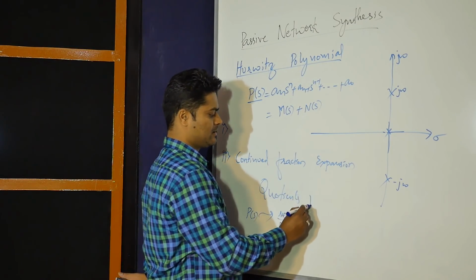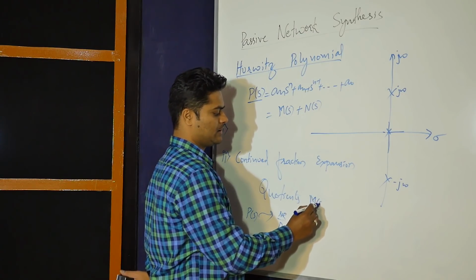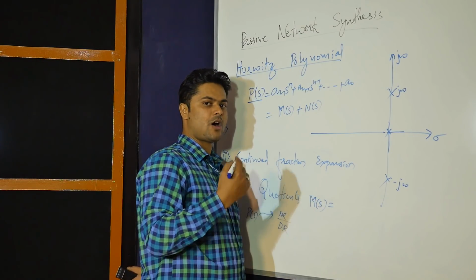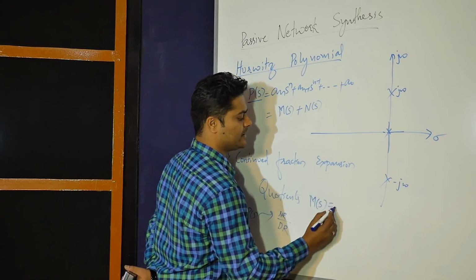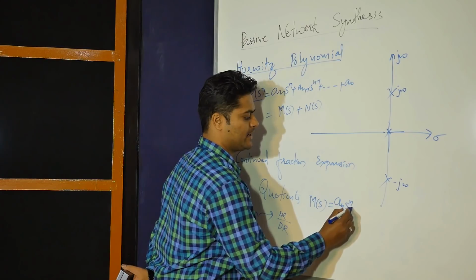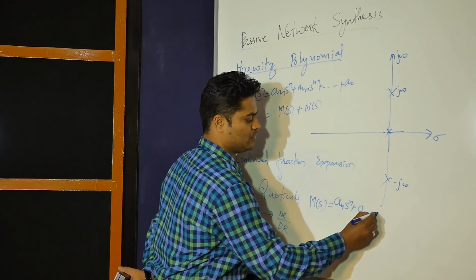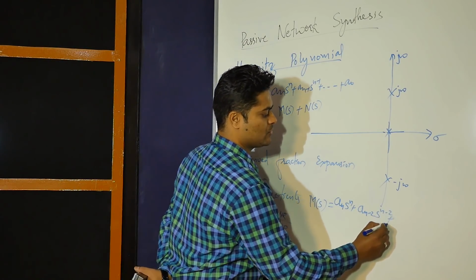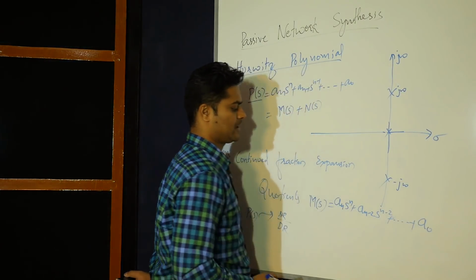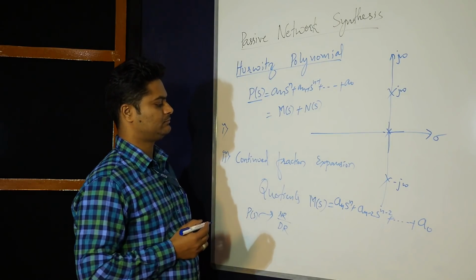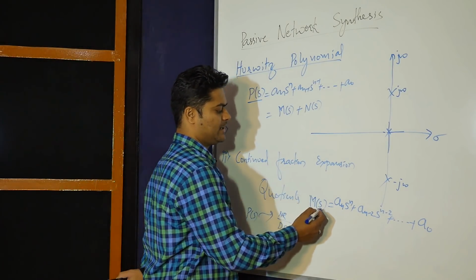All the S terms which have even order in positive powers will be called even. Let's consider here an s to the power n plus an minus 2 s to the power n minus 2, and so on till a naught. These we will call even polynomials.